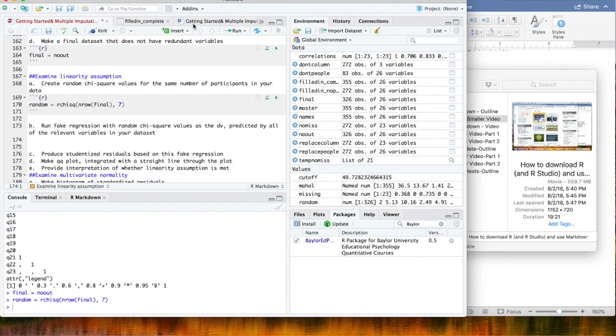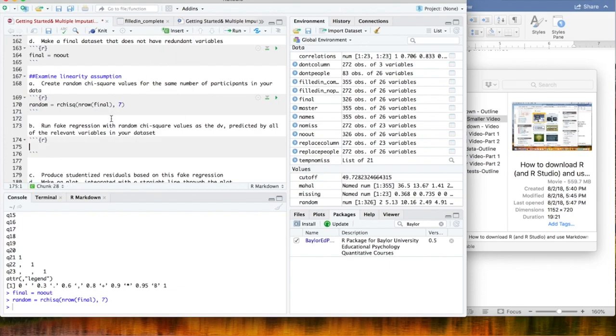Typically, if you're running a regression, you say y tilde x, which means you're using x to approximate or predict y.